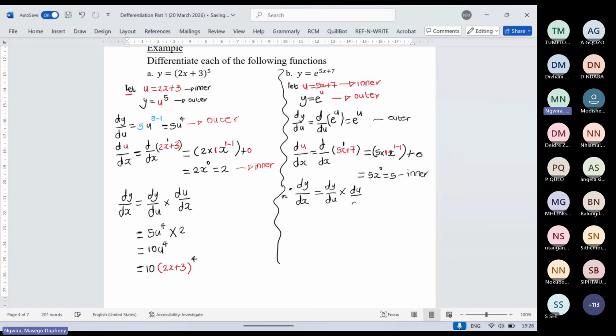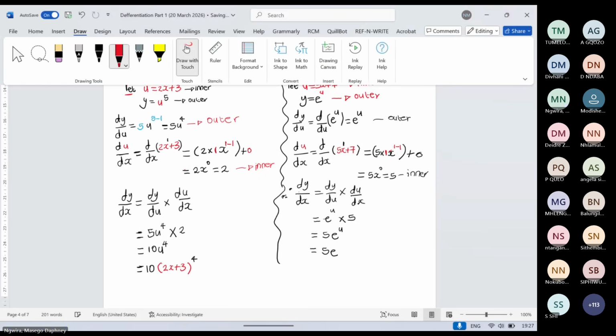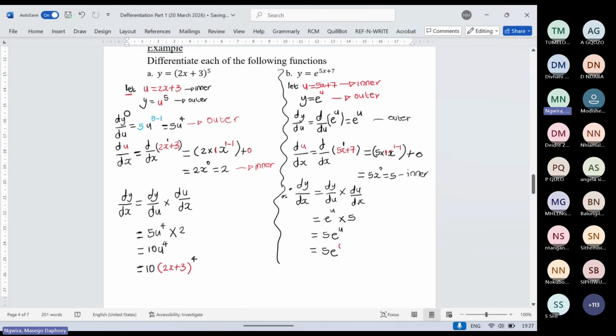Whether you say inner times outer or outer times inner, it doesn't matter. Your outer is e to the power of u, times your inner, 5. So I am going to have 5 e to the power of u. What is my u? 5x plus 7. This is 5 e to the power of 5x plus 7. This is how we differentiate using the chain rule.